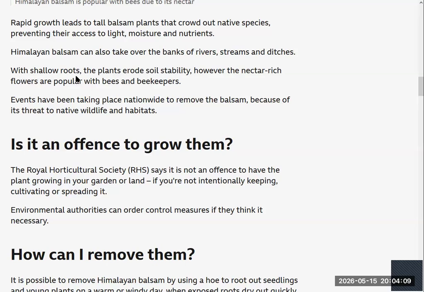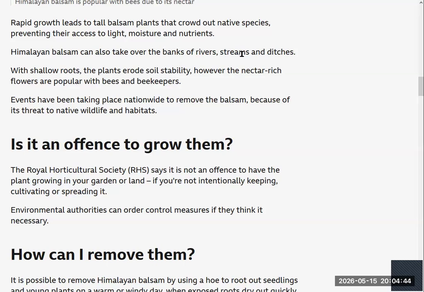With shallow roots, the plants erode soil stability. However, the nectar-rich flowers are popular with bees and beekeepers. So events have been taking place nationwide to remove the balsam because of its threat to native wildlife and habitats.